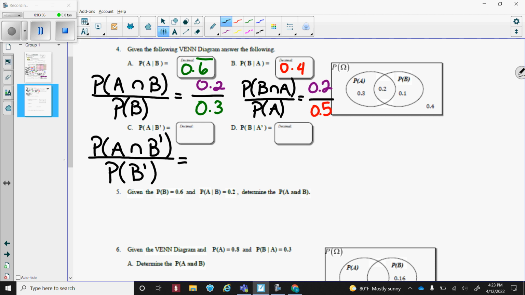So let's start off with our top. Probability of A and not B. So here's our probability of A. We also have not B, so we can't have any of this. What's left over? Well, what's left over is this 0.3. It's inside that circle, and it's not crossed out. So our top of our fraction is going to be 0.3.